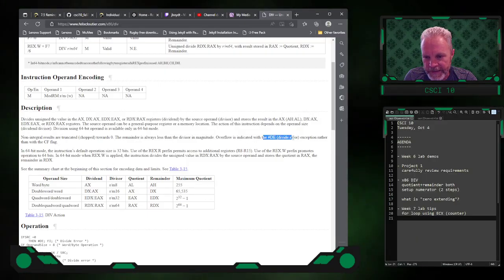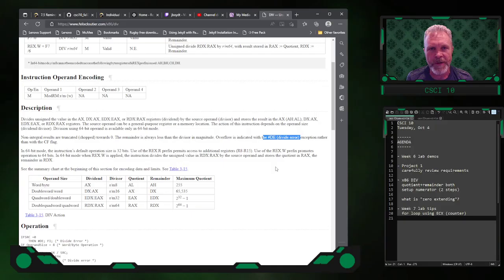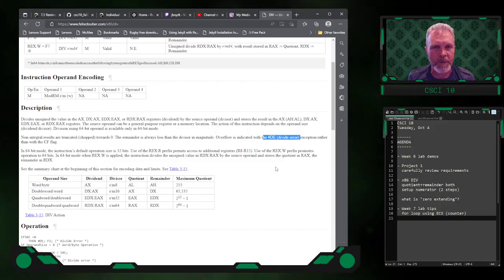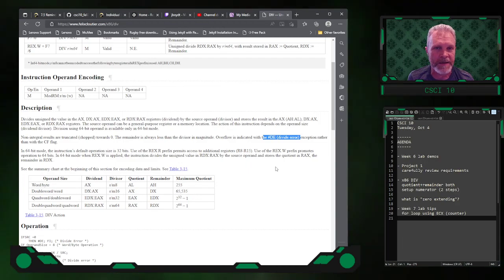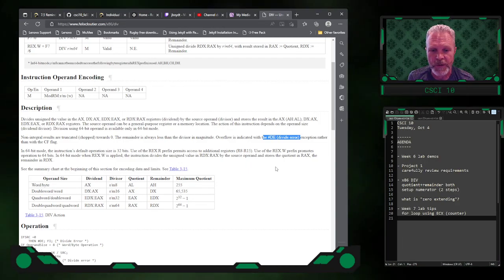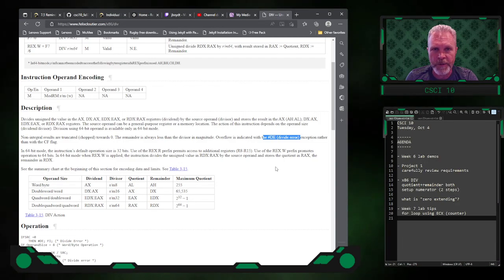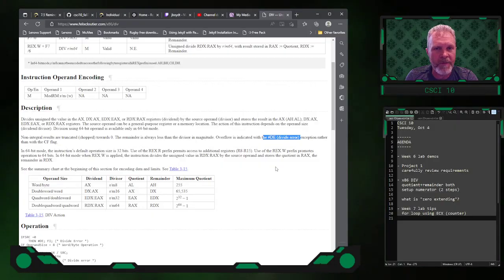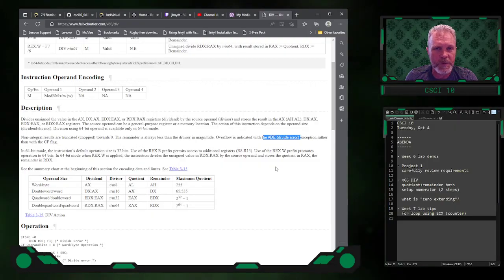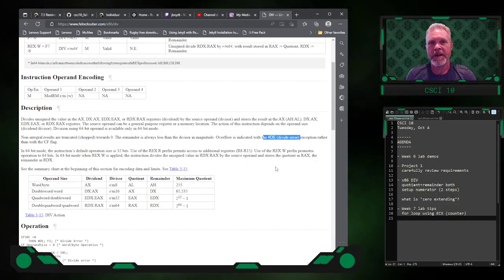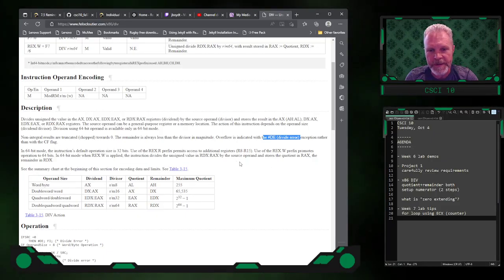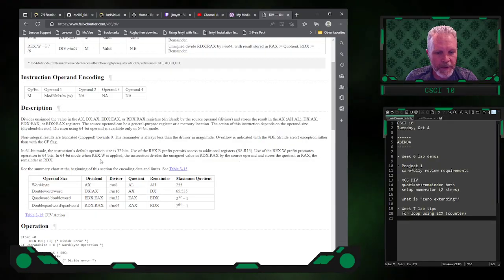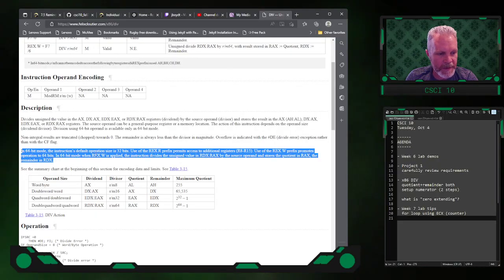But there is this thing to worry about, which is a divide error, which for us will be when we try to divide by 0. So we will experiment with that and see what happens when we try to divide by 0. But other than dividing by 0, we don't have any carry or overflow situations to worry about with division, because we're always getting something smaller or the same size as what it started. We don't care about the 64-bit mode stuff.